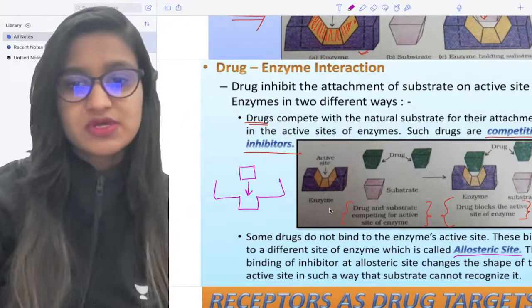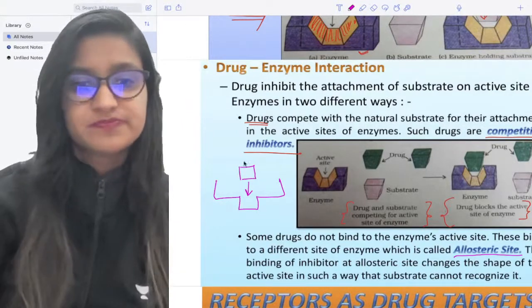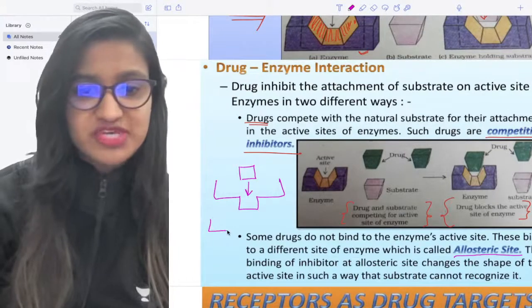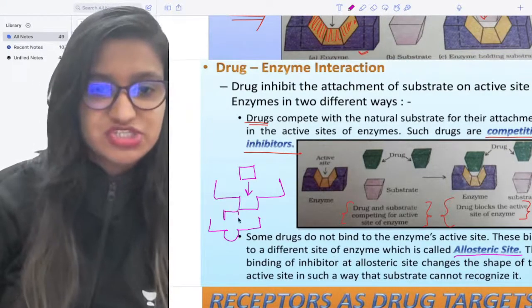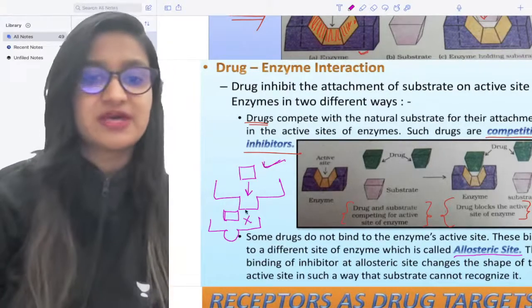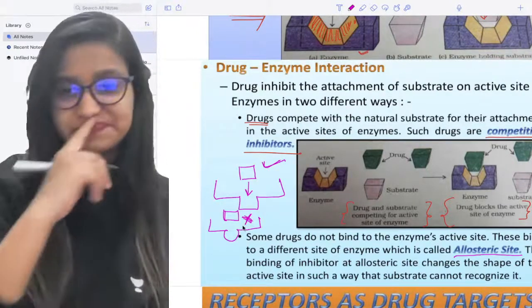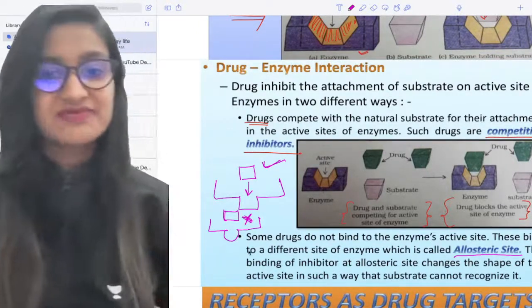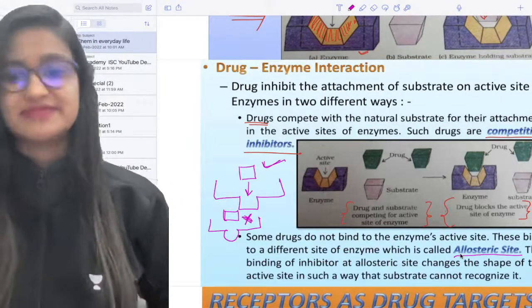But if you look at the second types of drugs, what do they do? They change the shape. Suppose करो इसको ऐसा बना दिया, they change the shape of the active site. Now it cannot fit. यहाँ पे ये fit हो सकता था, but here it cannot fit in the cavity.